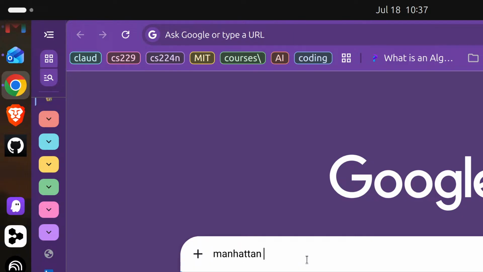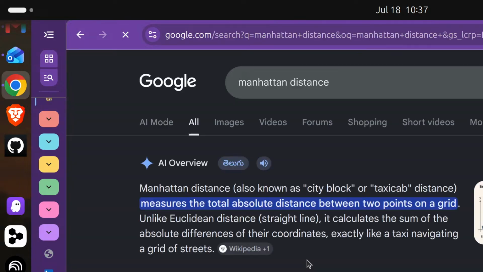Manhattan distance, also known as city block or taxicab distance, measures the total absolute distance between two points on a grid. Unlike Euclidean distance, it calculates the sum of absolute differences in their coordinates, exactly like a taxi navigates the grid of a street.